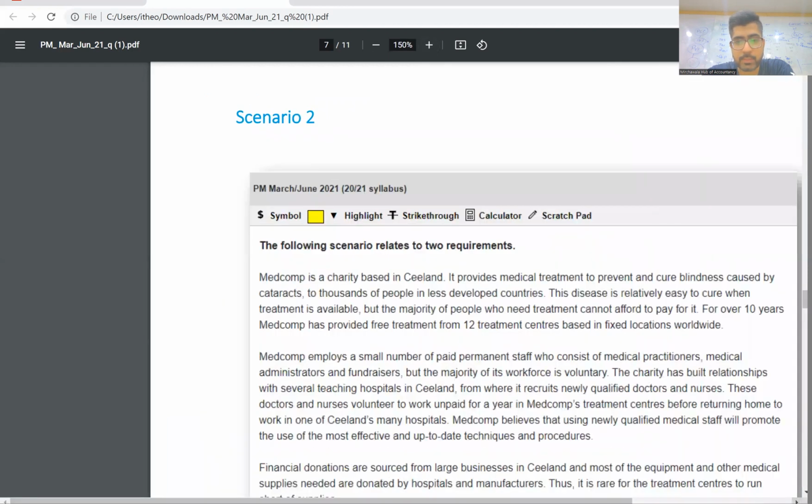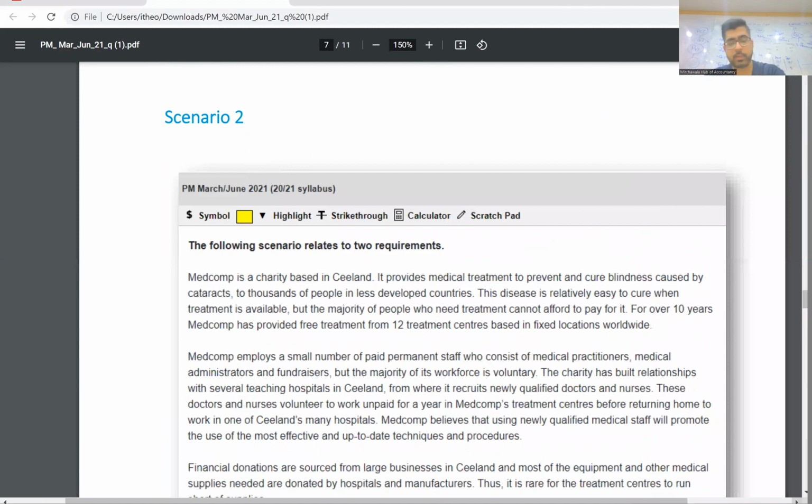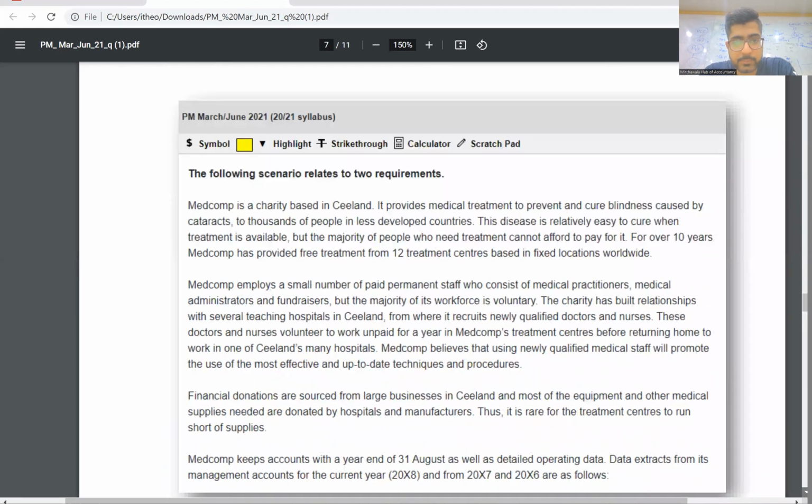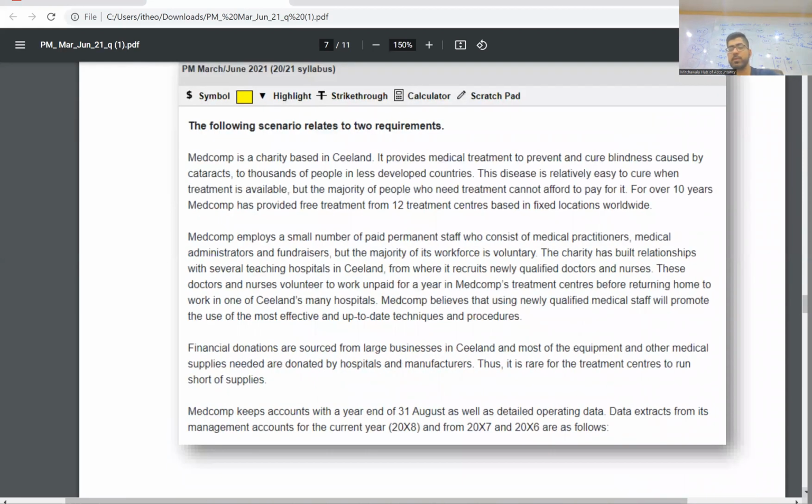You can have the question downloaded from the ACCA website, or if you want, I can share the file with you as well. So let's start discussing the question.